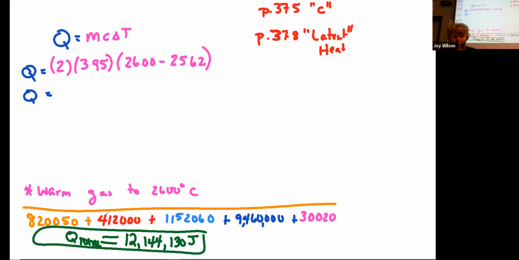So to give you an idea, this would be 2,144,130. This would be about 2,900 food calories.